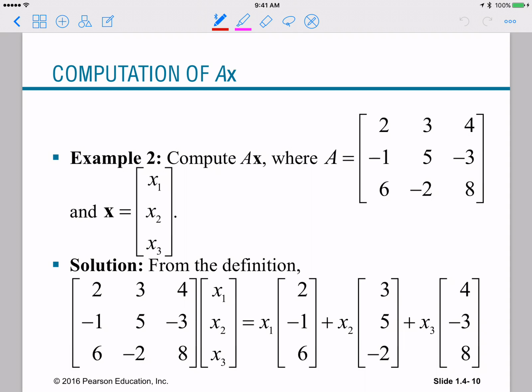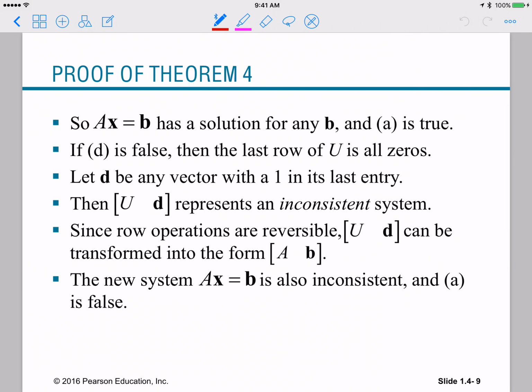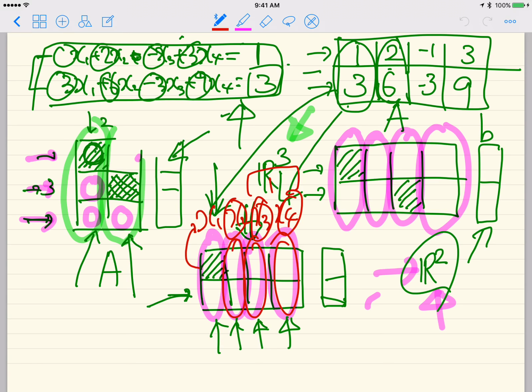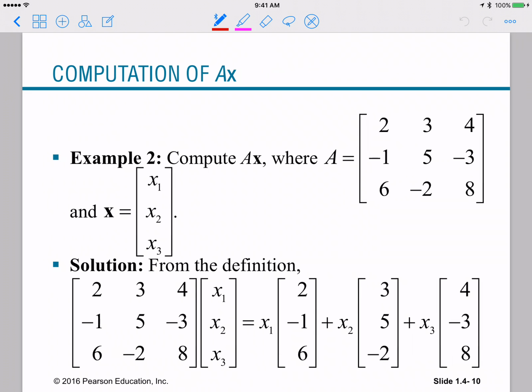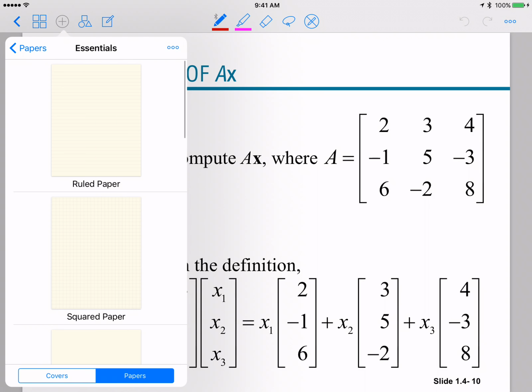Now, so this chapter is about the matrix equation, right? And then let's use another example. So these are the coefficient matrix, and then these are our vector b, okay?